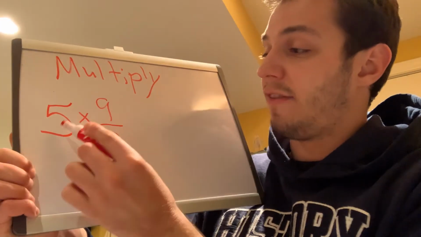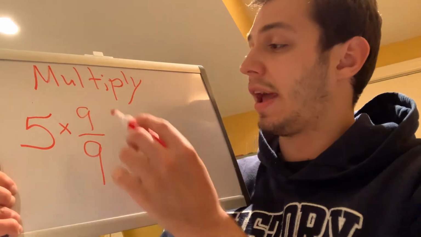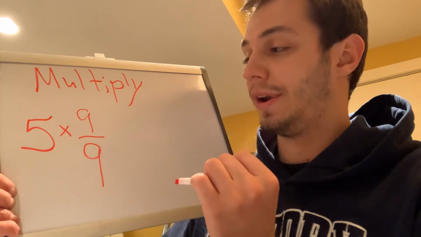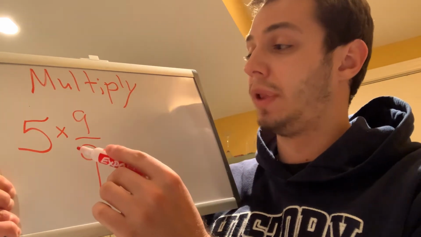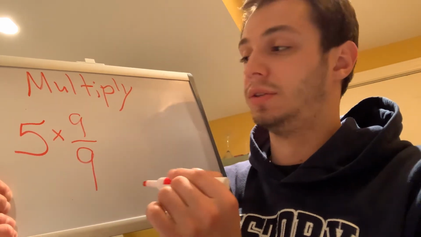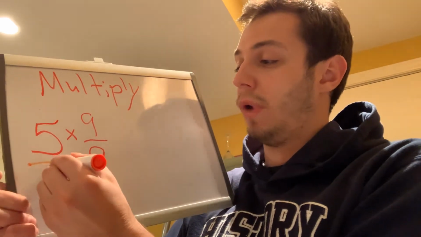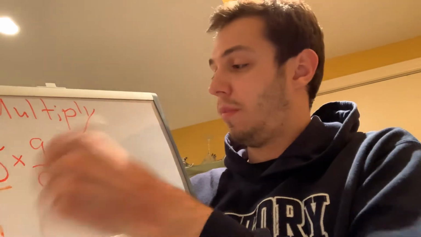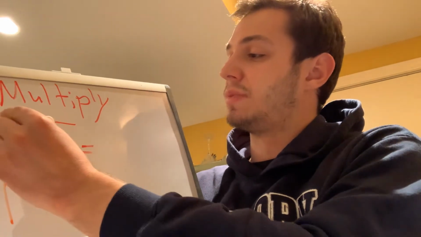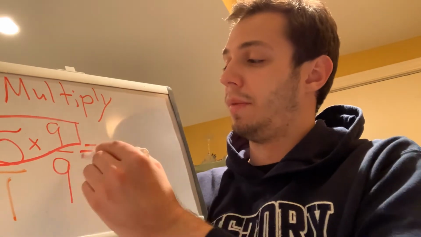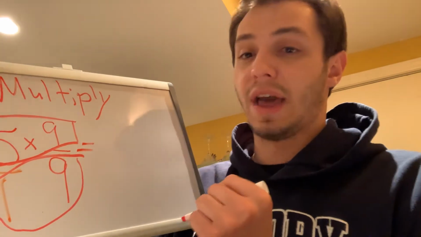So once again, I have my whole number 5, and I have my fraction 9 over 9. I cannot multiply a whole number with a fraction, so what I have to do is put this 5 over 1. Now, all I have to do is multiply my bottom numbers and my top numbers together.